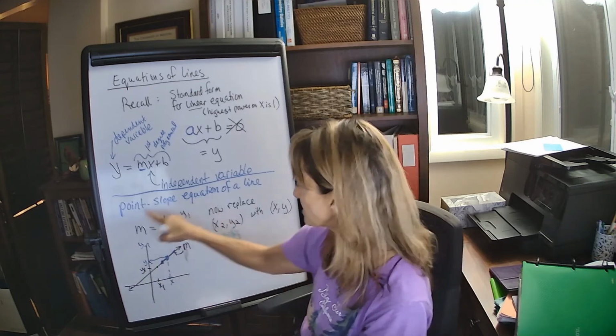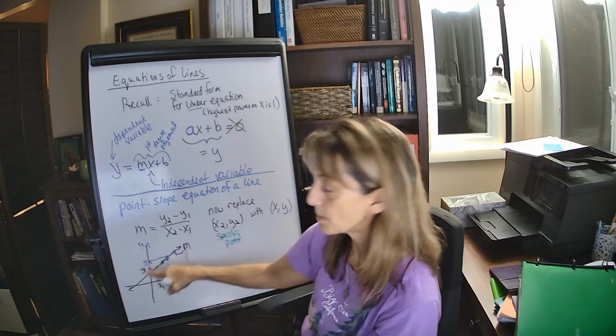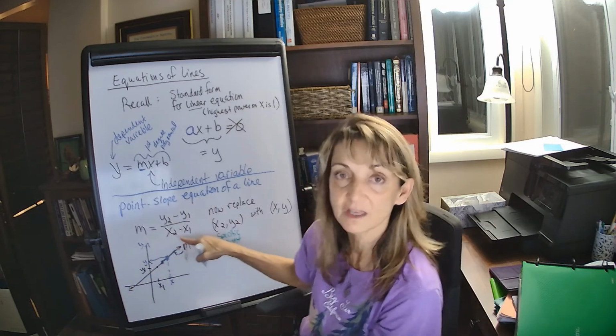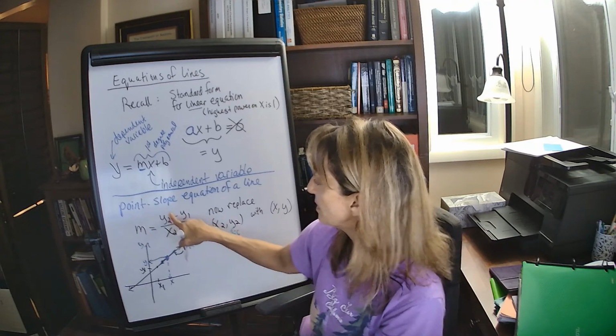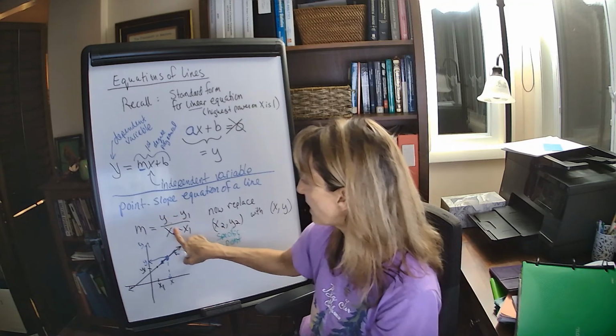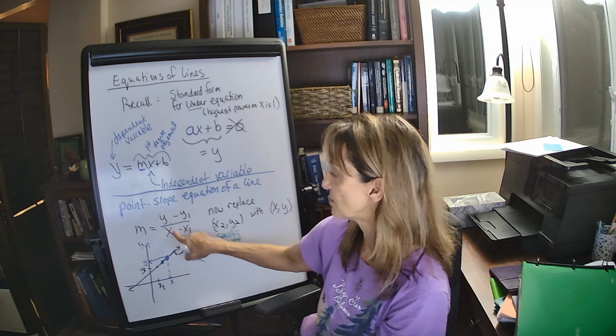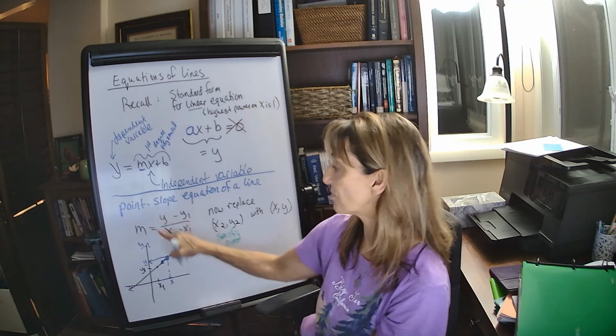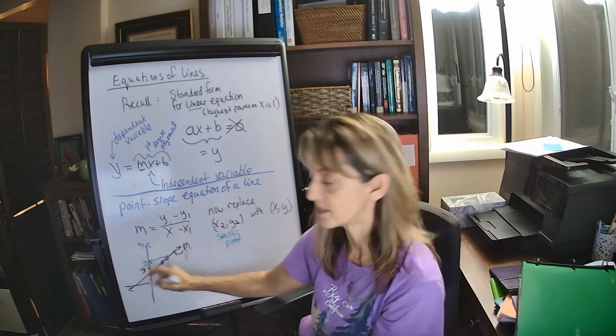So I take my slope equation, and remember I told you any 2 points on that line, if I stick them in the slope equation, they give me that same value of m. That means I can remove the x sub 2 and the y sub 2, and let that float or slide on this line.